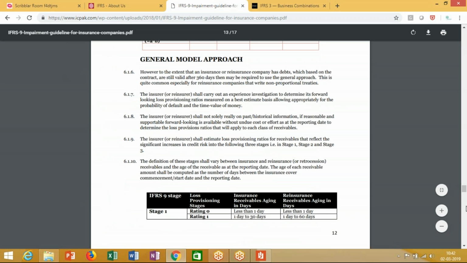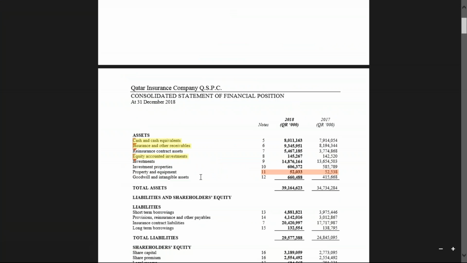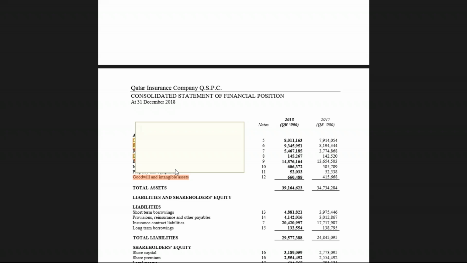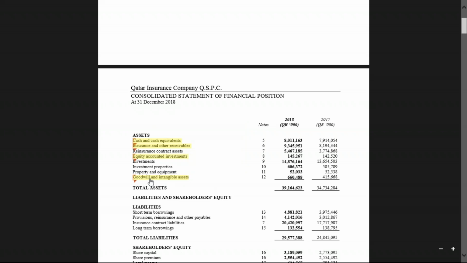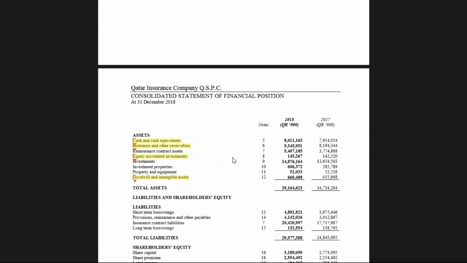So let's keep goodwill out of the picture till now. I'll just put goodwill and intangible assets down as something we need to clarify.